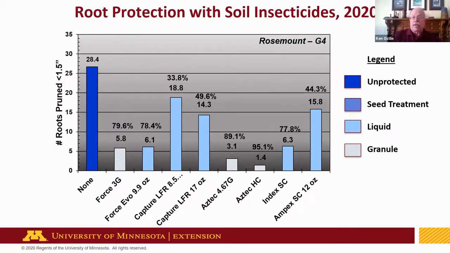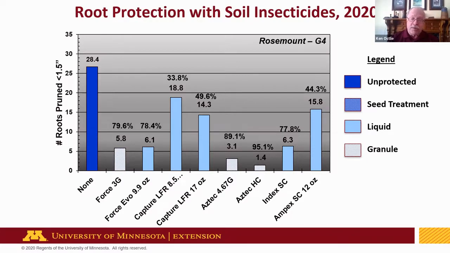And here's another year's study. And again, you can see we're approaching 30 roots or almost 3 nodes gone. And in this field, Aztec again is looking well, including the new high concentration granule. And Force 3G is doing well. And you can see in this case, we've got enough rainfall that the liquids are doing almost comparably.